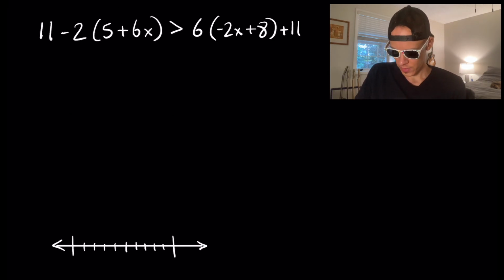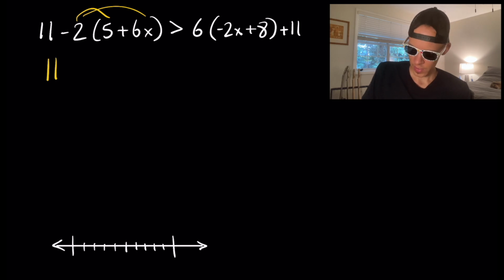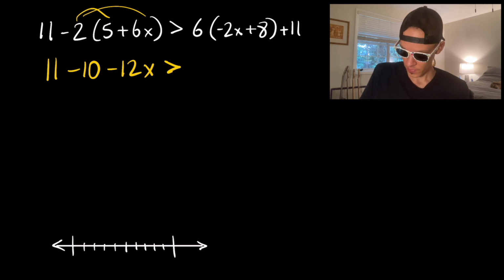Okay, a lot going on with this one, but just take it step by step. So let's distribute this negative 2 into that parentheses. So I'll have 11 minus 10. Negative 2 times 5 is negative 10. And then negative 2 times 6x is minus 12x is greater than 6. We'll do the same thing here.